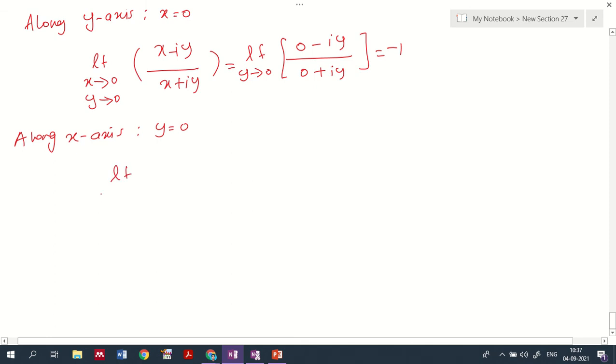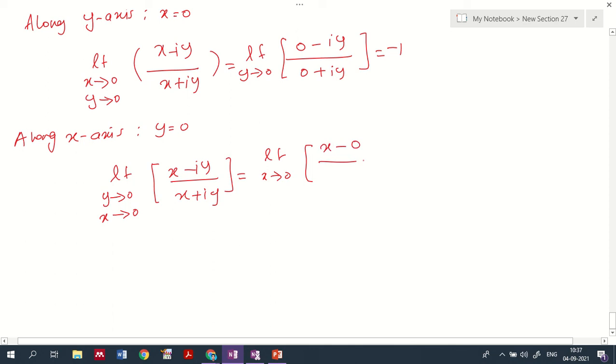Limit y tends to 0 of x minus iy divided by x plus iy, so that is limit x tends to 0 of x minus 0 divided by x plus 0, and you will be getting 1 as the value.